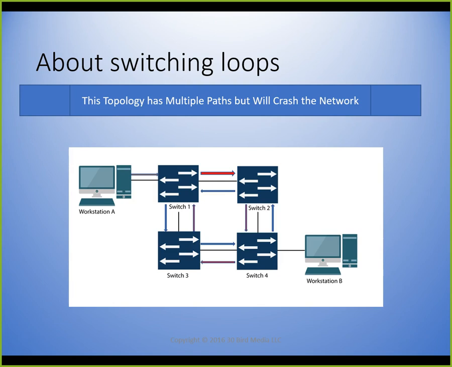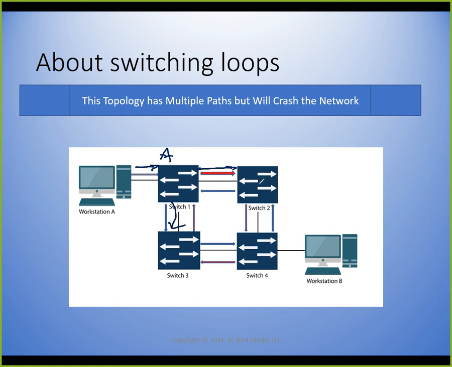When we go out of here, if I'm trying to ping workstation B, the frame comes into here and workstation A's MAC address gets put on the port that it's connected to. It doesn't know where workstation B is, so it floods out the packet, the ping, whatever we're doing, to here and to here, because it doesn't know where to go.